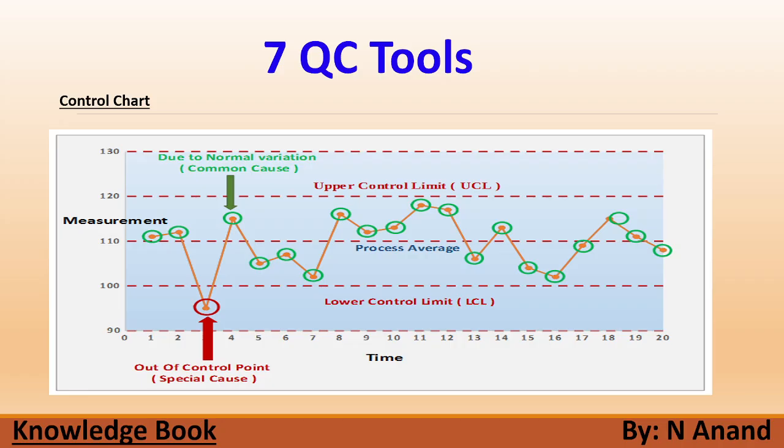Only the third part is going out of control, so that we can identify whether our process is within control or not, and take the actions to bring our process within the controls, and all the results should lie between the upper control limit and the lower control limit.